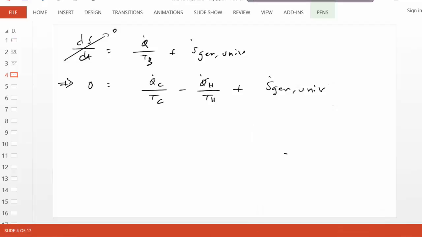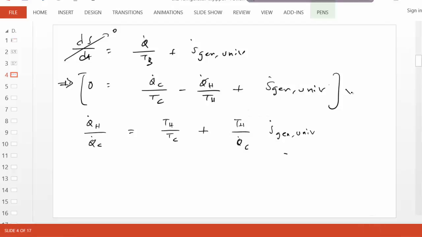If you manipulate this equation, you can easily show by multiplying and dividing by different terms, and I'm just skipping this step, that Q dot H over Q dot C, as we have done for the Carnot heat engine, would be given by Th over Tc plus Th over Q dot C times S dot gen universe. Basically, we are multiplying both sides of the equation by Th over Q dot C and you will get this expression. You can show that.